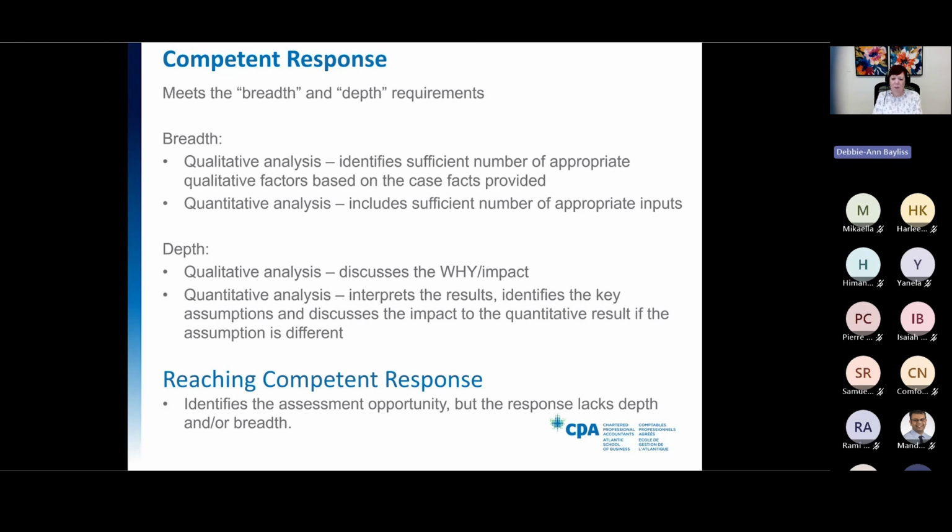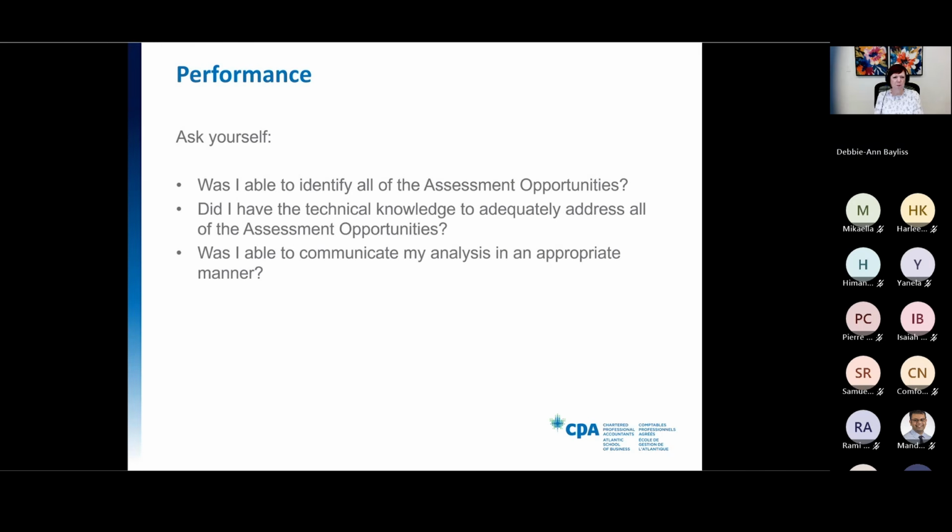From a quantitative perspective, that's interpreting the results. Is it viable from a quantitative perspective? Identifying, if appropriate, the key assumptions and discussing the impact that would have on the results. Reaching competent, as I said, is you've identified the assessment opportunity, but your response lacks either the depth and/or the required breadth.